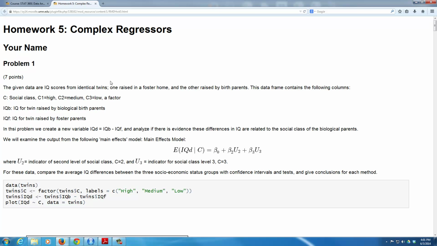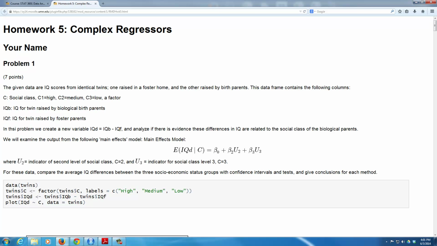One of the members of the twin pair was raised in a foster home, and the other member was raised by the birth parents. The variable that we're going to analyze in problem 1 is the difference, IQD, between the biological raised twin and the foster raised twin: the IQ of biological minus the IQ of the foster raised twin.